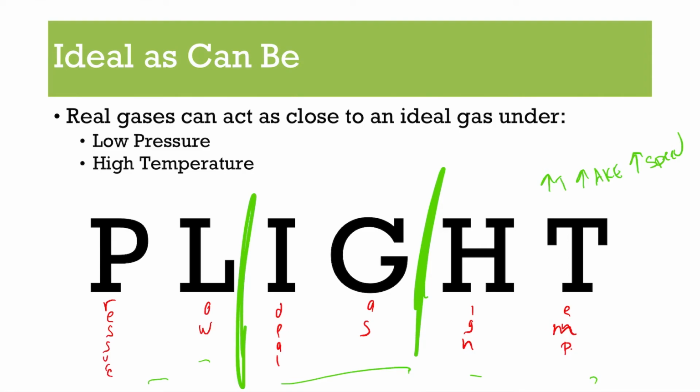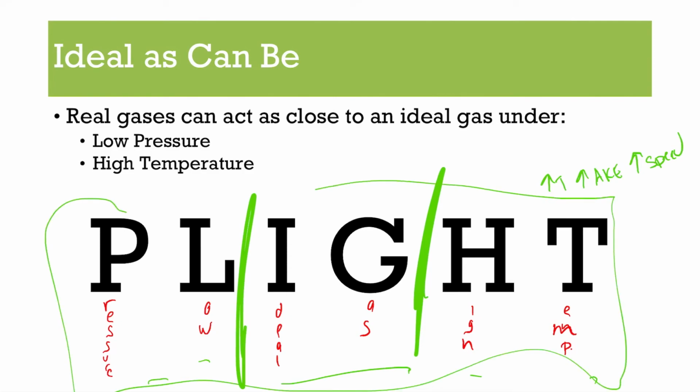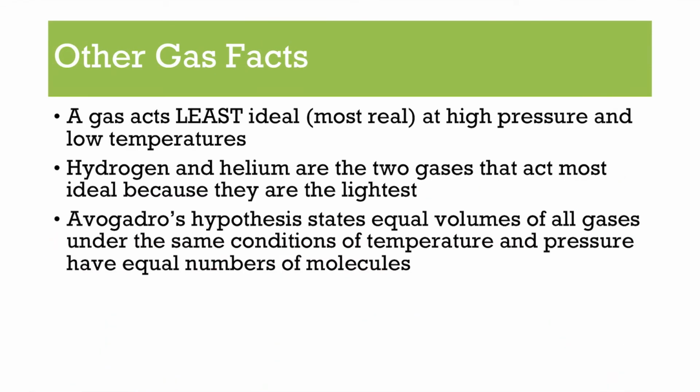If particles are moving quickly, it's harder for them to interact with each other. So if they're not being forced into a small container and they can move really, really quickly, that's what allows gases to be the most ideal. So low pressure, high temperature, again, PLIGHT: Pressure Low, Ideal Gas, High Temperature. Literally 90% of KMT questions can be answered from this word right here.